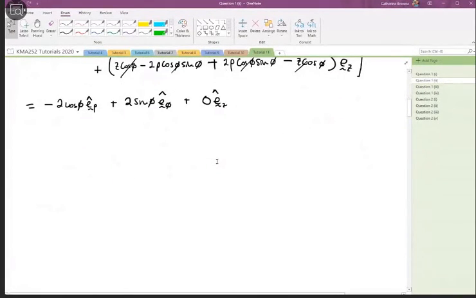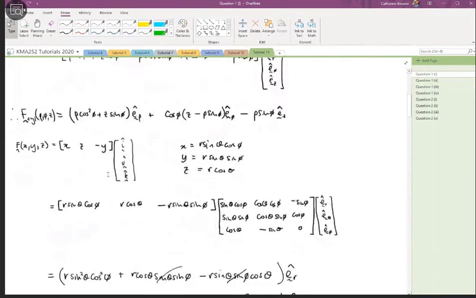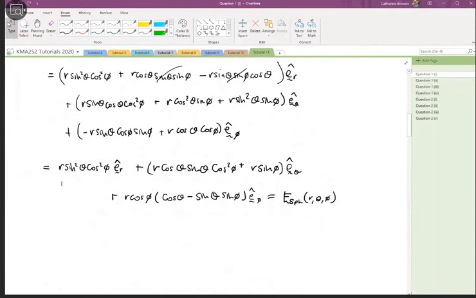And then we can do the same to find the spherical curl. So again, we need to use the F1 will need to be this term here in spherical coordinates, and then this is our F2 and this is our F3.